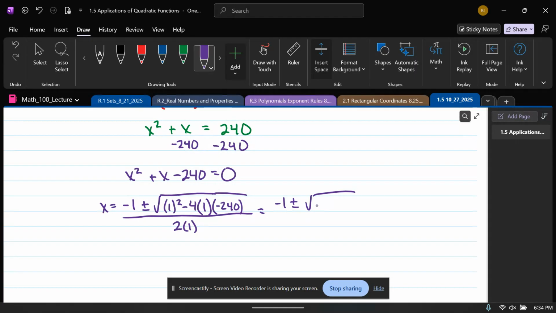So that'd be 1 plus 4 times 240, which is 800 plus 160, which is 960. Yeah, and then so negative 1 plus or minus the square root of 961.